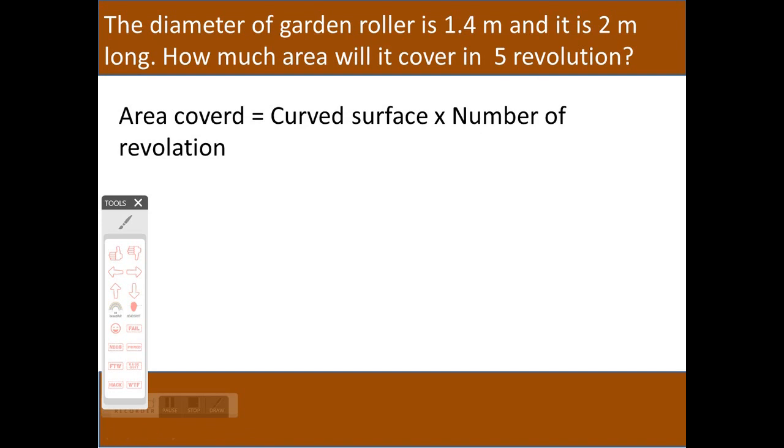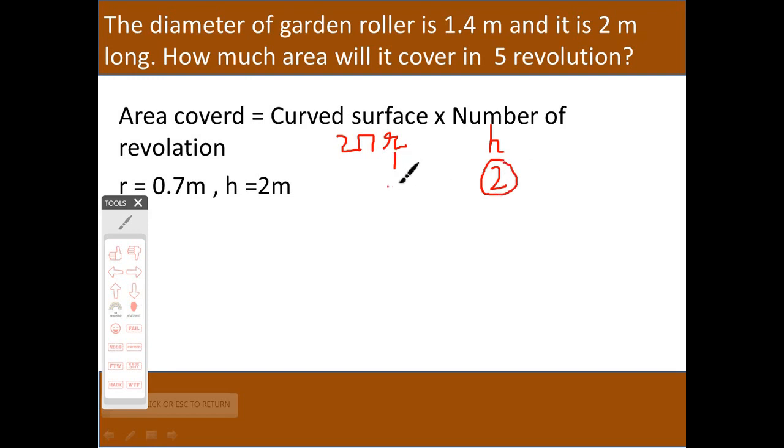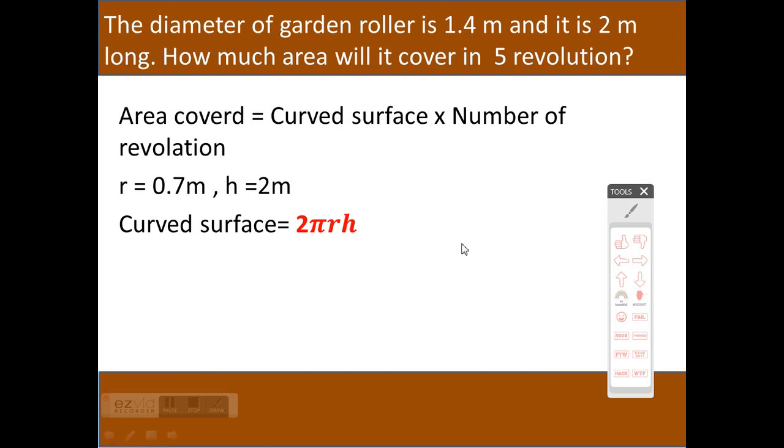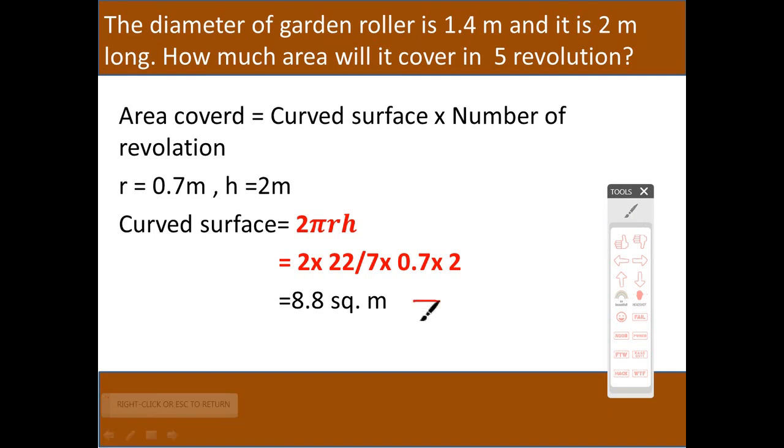And height, what is height? Height here is 2 meter. Now apply the formula of curved surface area of a cylinder, that is 2 pi r h. Substitute the value of pi, radius and height. By substituting these values, we get the area of one revolution. We get the curved surface area of one revolution, that is 8.8 square meter.